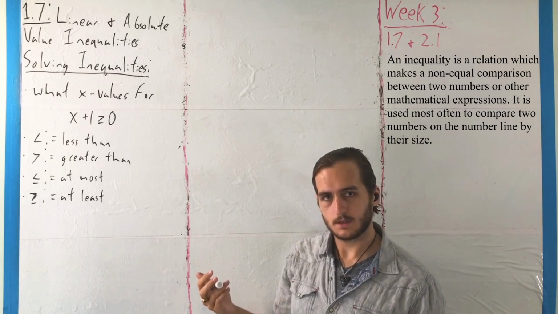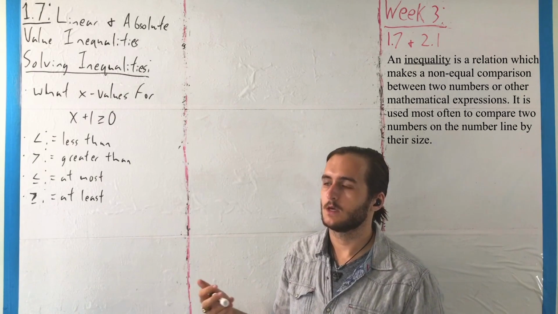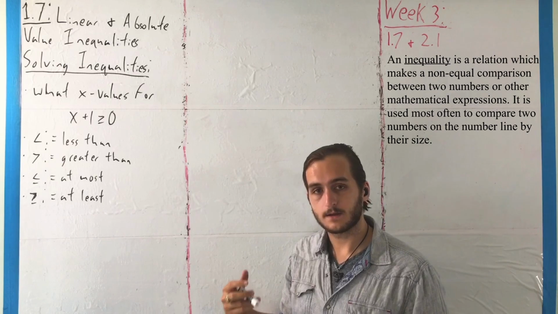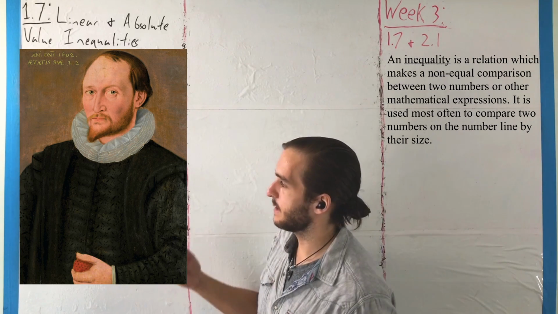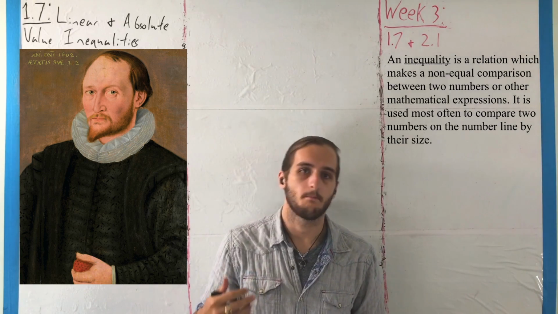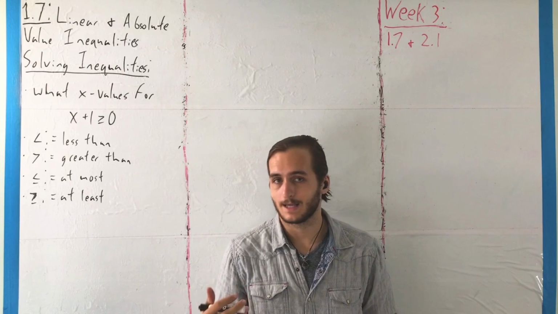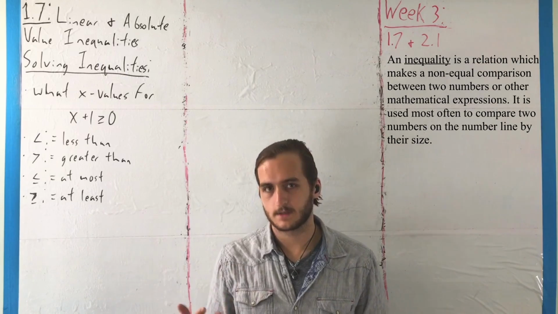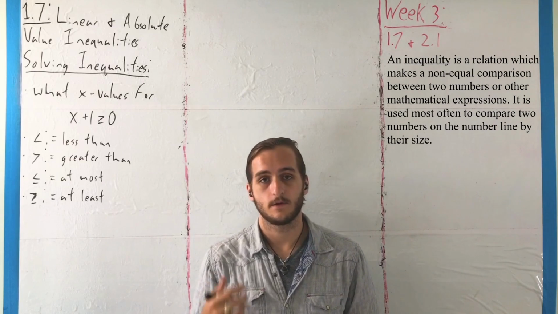But when we're talking about these inequalities, they have roots that actually date back to the Greeks, and this notation in particular comes from the work of Thomas Harriot of Britain, where he is said to have been inspired during his work in mapmaking for the Virginia and North Carolina colonies by tattoos on the Carolina Algonquin indigenous peoples.